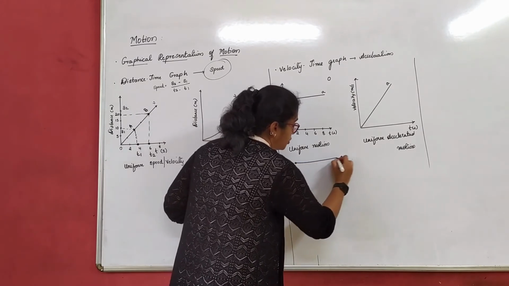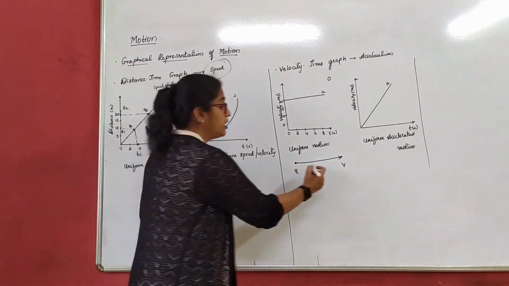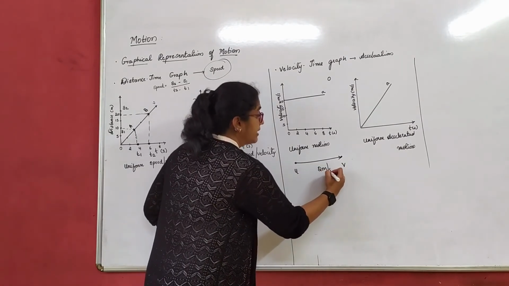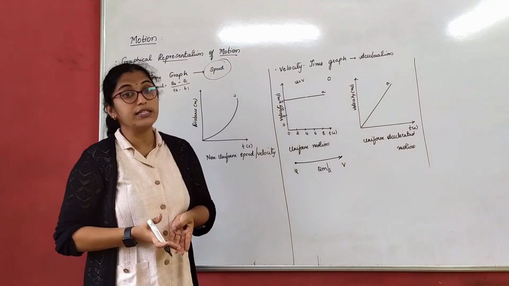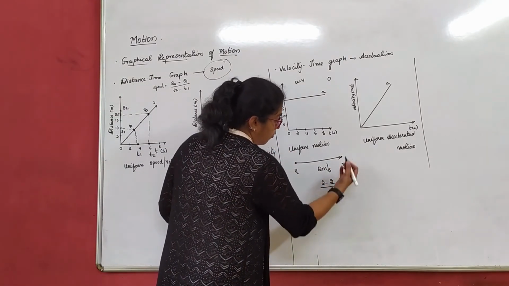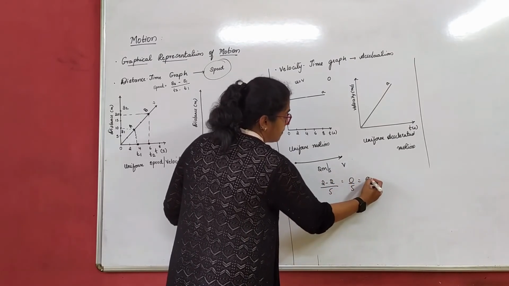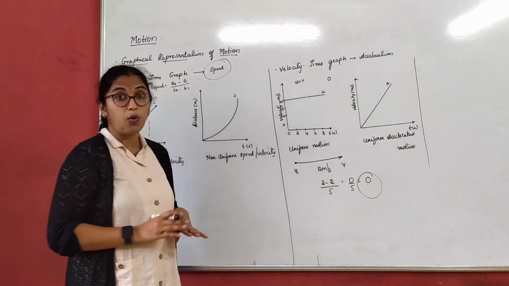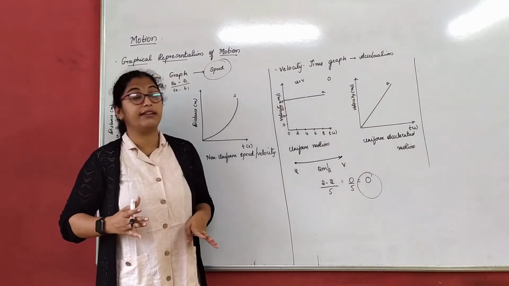Till I reach from u to v, my velocity is the same, that is 2 meters per second. That means u is equal to v here. Since u is equal to v, if u is 2, v is also 2. Whatever the time might be, say 5, 0 divided by this, what will be the acceleration? 0, right? So acceleration is 0, which means there is no change in velocity at all.